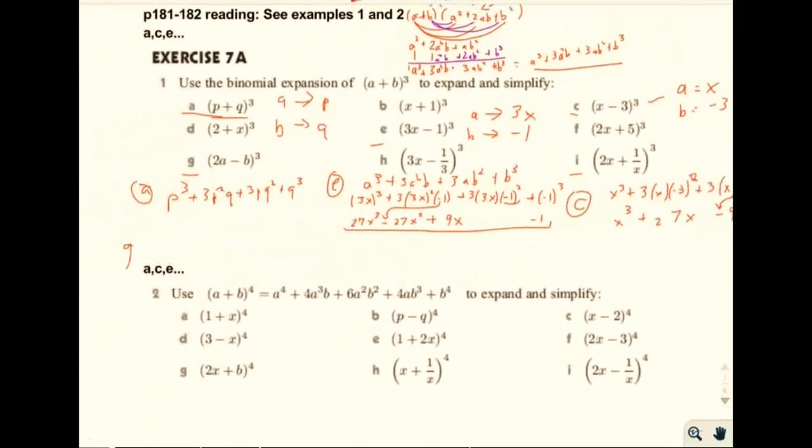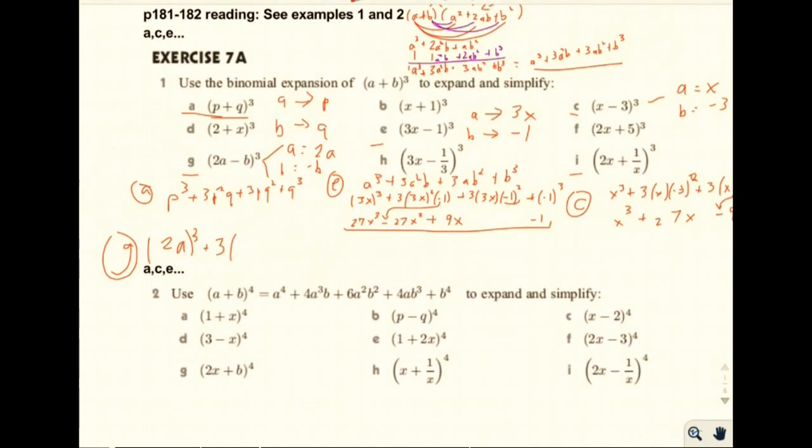Let's do g. In the case of g, a is going to be 2a, and that's kind of confusing because we have a again. B is going to be negative b, and that's again confusing because we're using b again. But these b's are not the same, these a's are not the same. So basically what you're going to have is, okay, I'm going to have 2a quantity cubed.